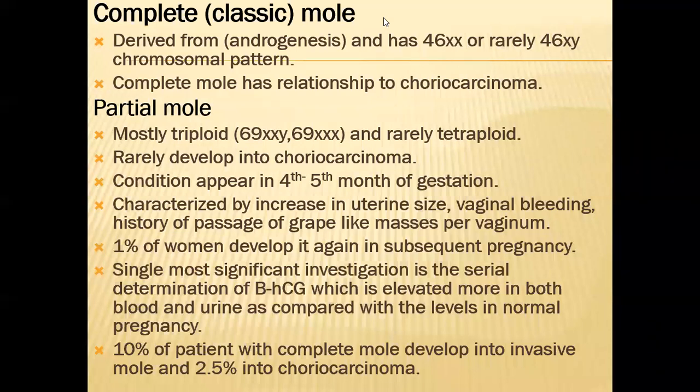In normal pregnancy there may also be an increase in the β-hCG level, but its level is more in molar pregnancy as compared to normal pregnancy. The other tool to detect this molar pregnancy is the ultrasound.